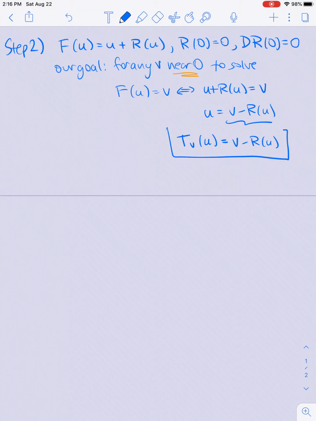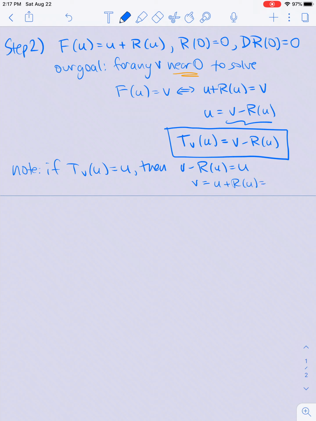And this is something we're going to be using heavily throughout the proof. Because if tv of u is equal to u, then v minus r of u is equal to u, and v equals u plus r of u, which is f of u, which is what we wanted all along.